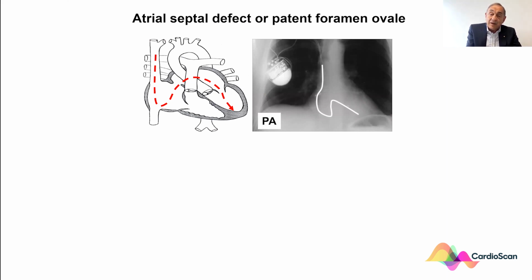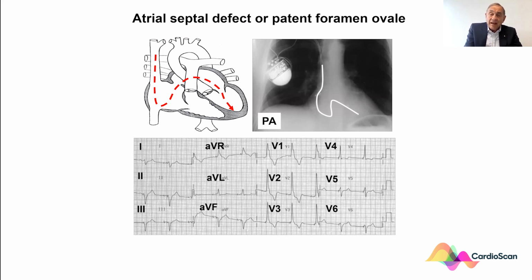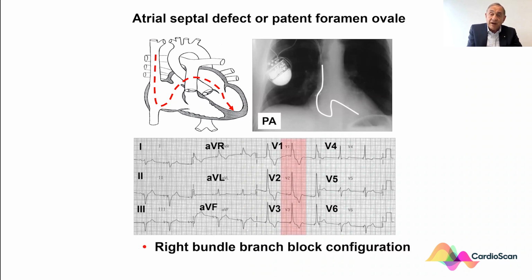And this is the classical appearance, although I've had to highlight it as the leads could not be well seen. And the 12-lead ECG clearly shows a right bundle branch block configuration. It's at the apex of the left ventricle, and in this case, it's a left axis or an extreme axis deviation.